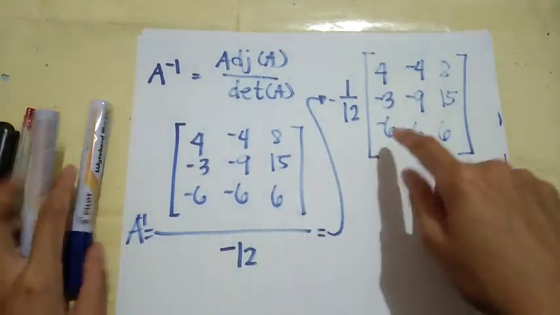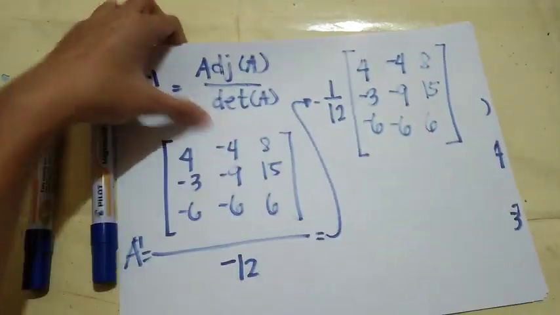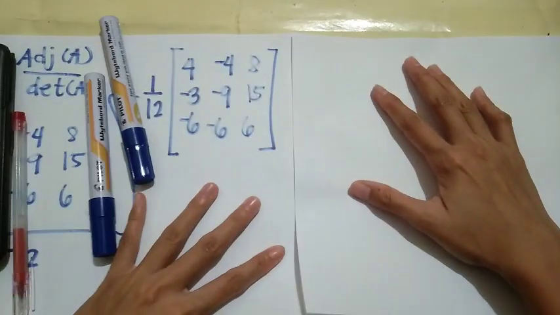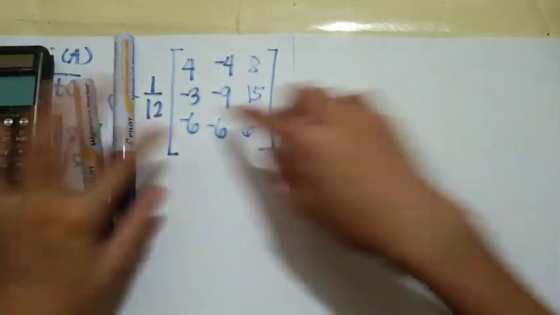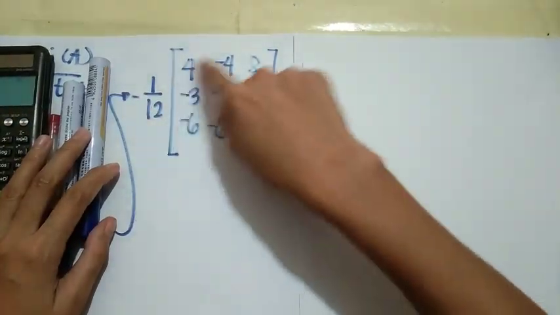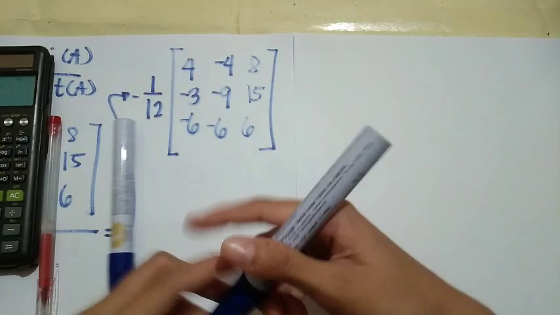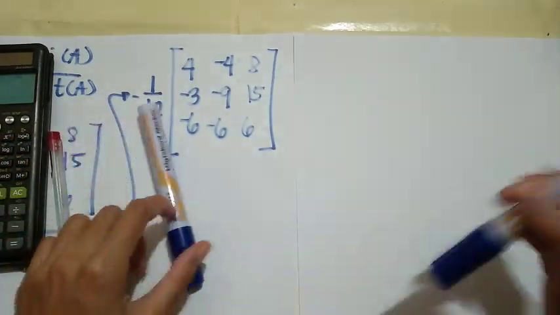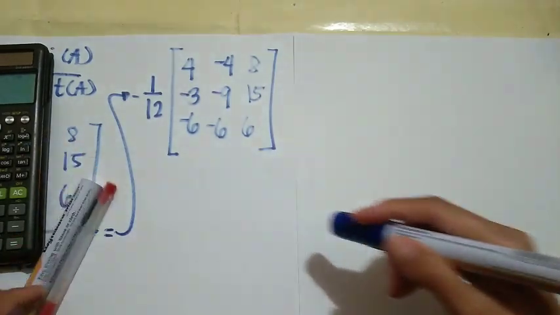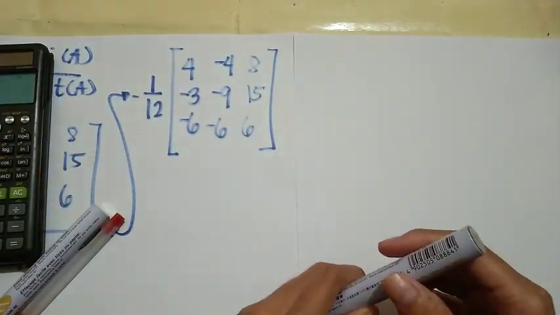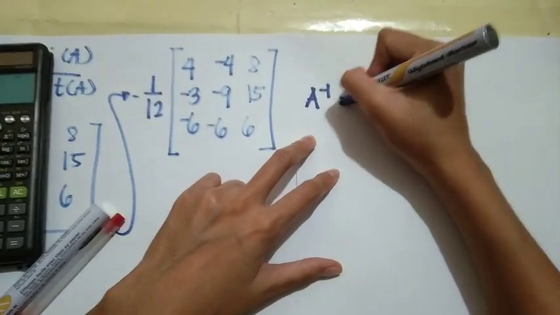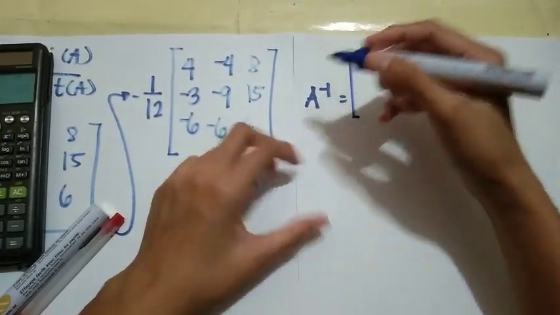This is just the same. So, we're going to perform this: we multiply negative 1 over 12 to our transpose matrix of cofactors, our adjugate, negative 1 over 12 for our determinant.